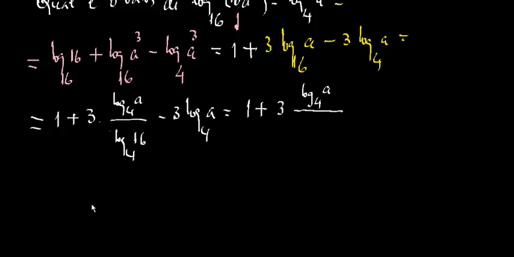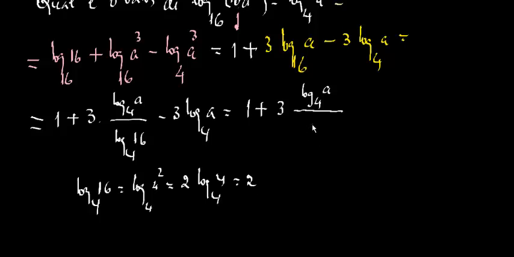He knows that the logarithm of 16 in base 4 equals the logarithm of 4 squared in base 4, applying the property I told you about some moments ago. So 2 times logarithm of 4 in base 4. So here it will come 2 minus 3 logarithm of a in base 4.